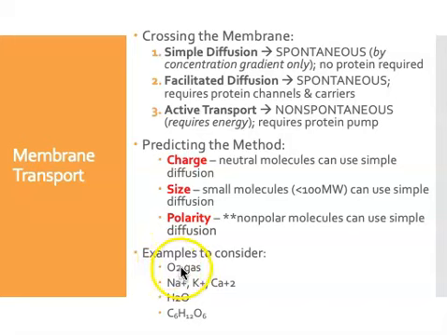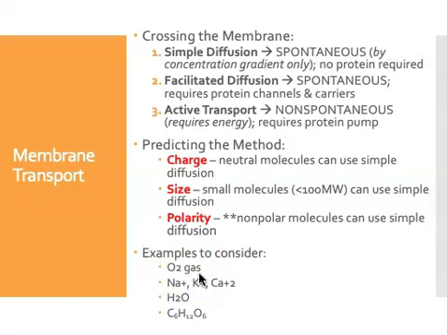So each one of these oxygen atoms is pulling on that pair of electrons in the covalent bond in equal and opposite directions. That means that the electron pair in the covalent bond is being shared equally. So oxygen gas is a non-polar molecule.